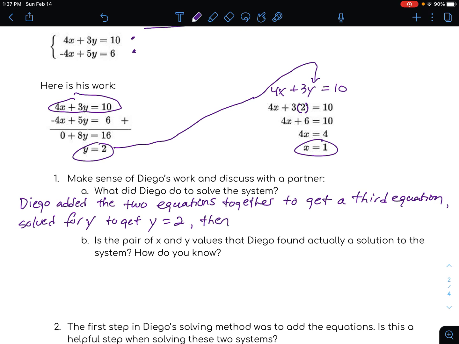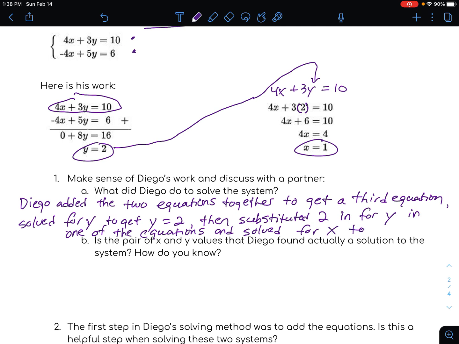Then substituted 2 in for y in one of the equations, and solved for x to get x equals 1.